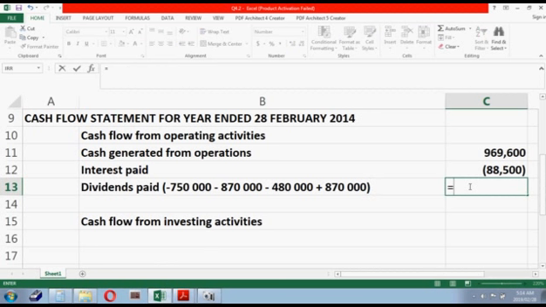So we have negative 750,000, negative 870,000, negative 480,000, plus 870,000, which results in an outflow of 1,230,000.